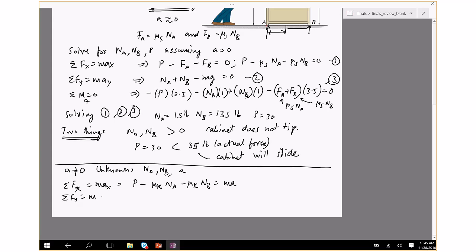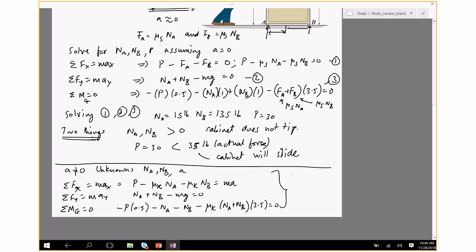Fy equals may gives me NA plus NB minus Mg equals 0. And then the last equation, the moment about G equals 0, is basically the same equation, P times 0.5, except that the friction force is replaced with mu k: minus mu k times NA plus NB times 3.5 equals 0.